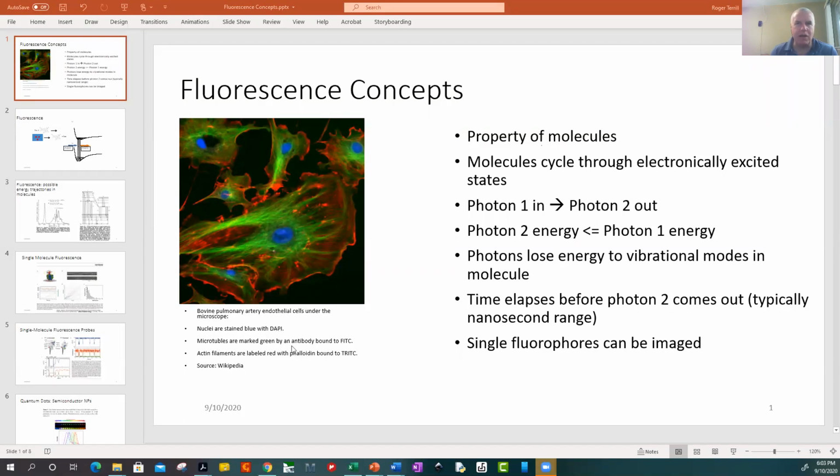I don't really know what they are, but the dye molecules associate with different structures in the cell.